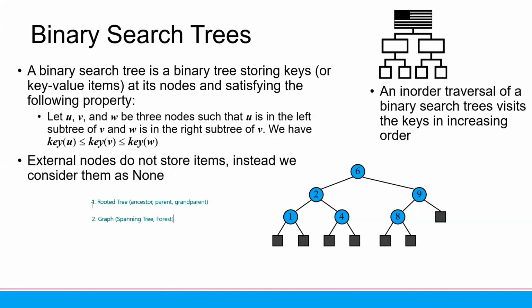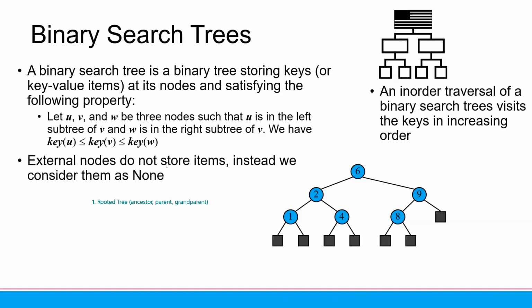There is no root because every node can be the source and every node can be the destination. That's what we call the graph. Let me get back to the rooted tree for this problem. So this problem is still using the rooted tree.